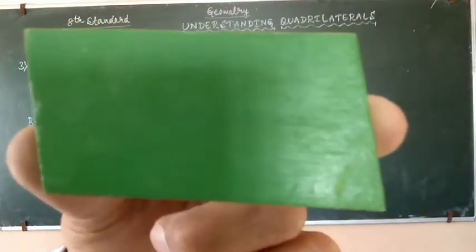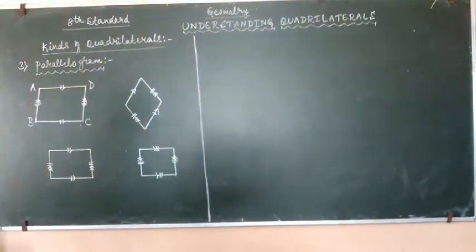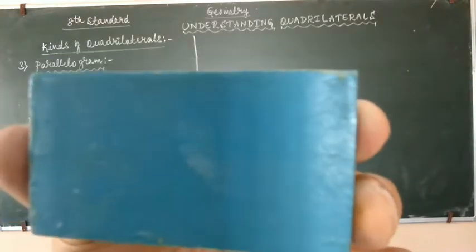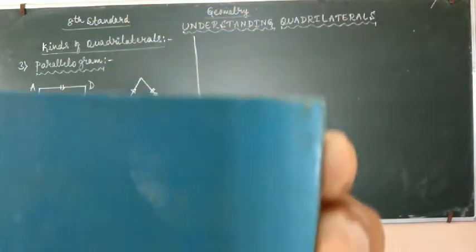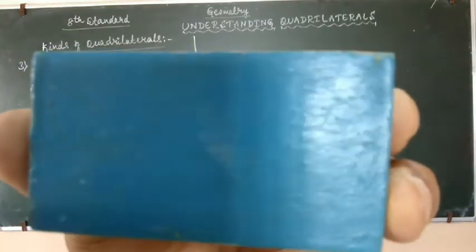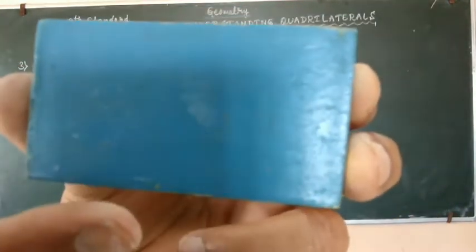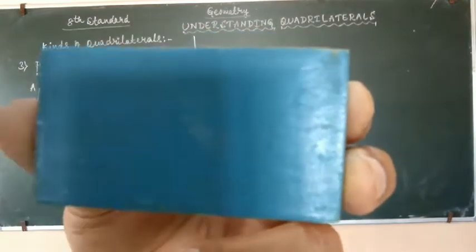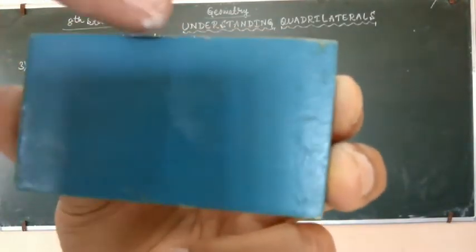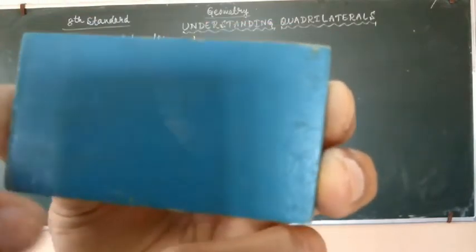Now we shall see another object. Observe this clearly. This is also a type of parallelogram. Here also this side is equal to this side, and these two sides are parallel.